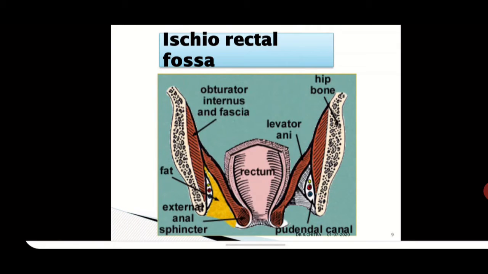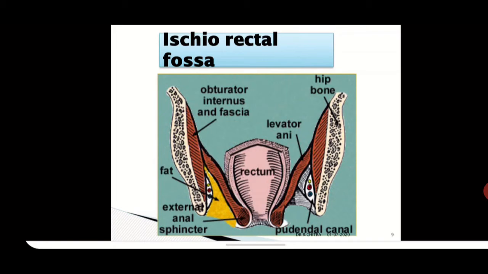So can you see in this image? In the middle we have the rectum and the anal canal. The levator ani muscle is the pelvic diaphragm. So this space is below the pelvic diaphragm, that means below the levator ani, on either side of the ischium.